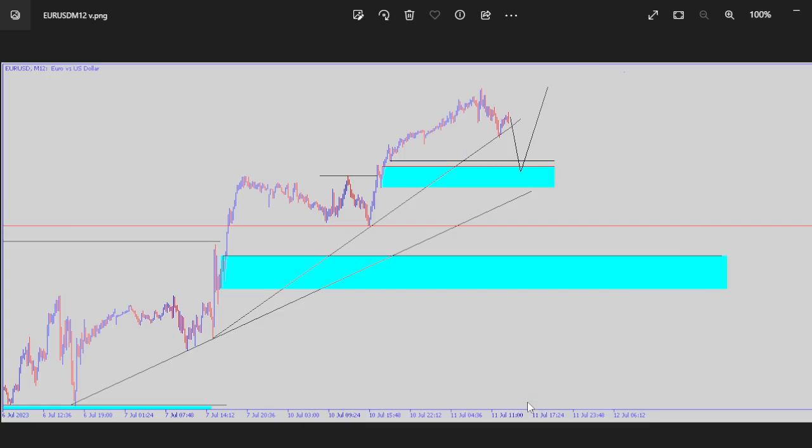This is an internal structure, M30 internal structure. After a trend line manipulation, then I'll look for an entry to the upside.